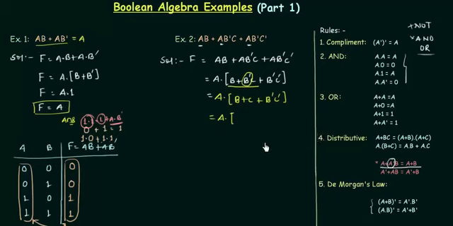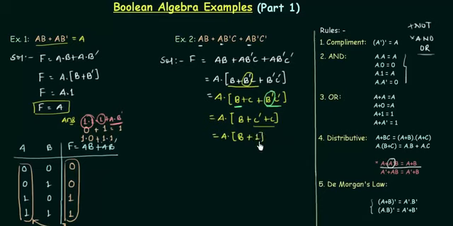And again you can see we can apply this law once more. Here if I see B complement, C complement, I'm going to again eliminate this B complement so that I will have B or C complement or C. Now it is really easy to calculate C complement or C. From here you can see A complement or A is equal to 1, so C complement or C is also equal to 1.